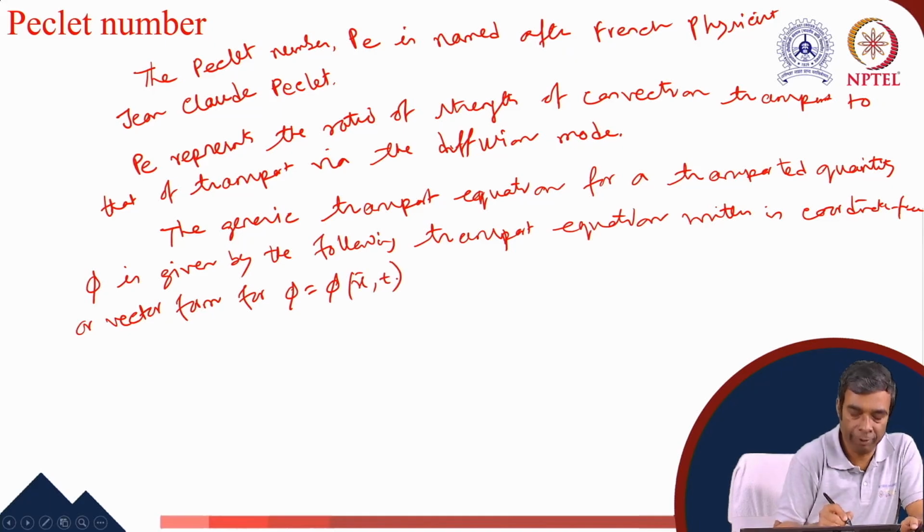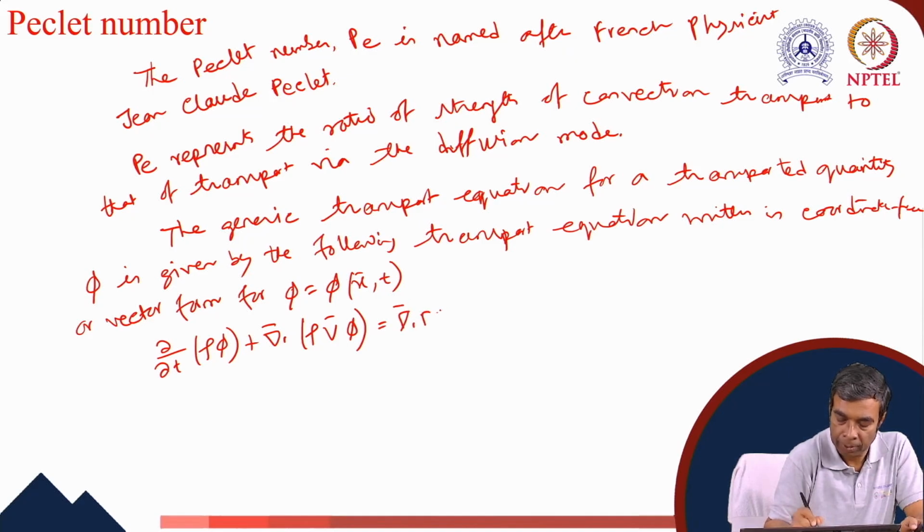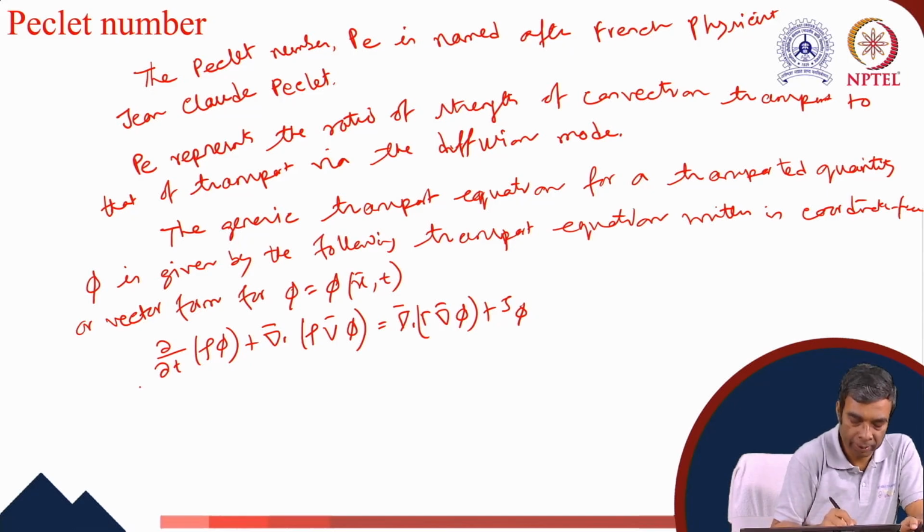The equation is given by del t of rho phi plus divergence of rho v bar phi equals to divergence of gamma grad phi plus S phi. So this is the generalized equation. The first term represents the unsteady term.